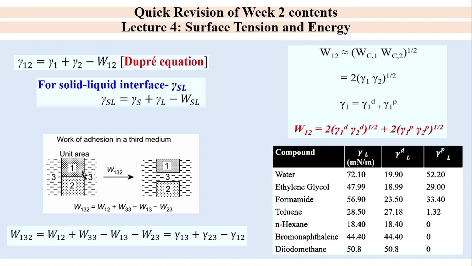If we substitute gamma 1 and gamma 2 along with their dispersive and polar components, we get the equation W12 is equal to 2 gamma 1d gamma 2d power half plus 2 gamma 1p gamma 2p power half. Here is a table of some compounds and their surface tensions in terms of dispersive as well as polar components.